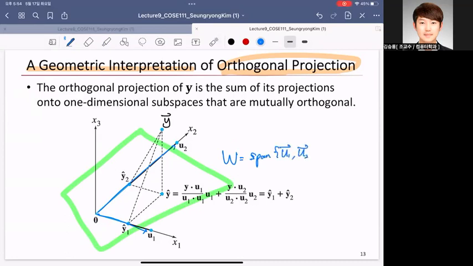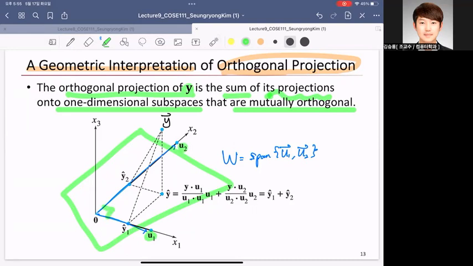Then, what's the geometric meaning of this orthogonal projection y hat? This orthogonal projection y hat is the sum of its projection onto one-dimensional subspaces that are mutually orthogonal. What does it mean? It means that let's suppose that u1 and u2 are orthogonal to each other.